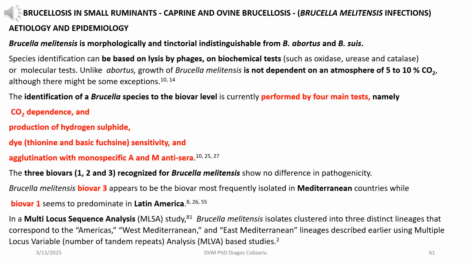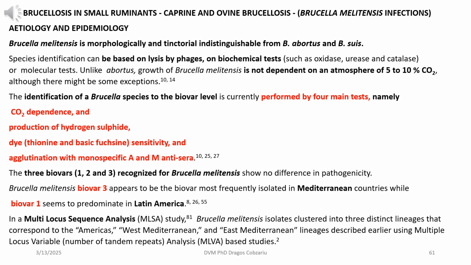The identification of a Brucella species to the biovar level is currently performed by four main tests, namely, CO2 dependence, production of hydrogen sulfide, thionine and basic fuchsin sensitivity, and agglutination with monospecific A and M antisera. The three biovars, 1, 2 and 3, recognized for Brucella melitensis show no difference in pathogenicity.